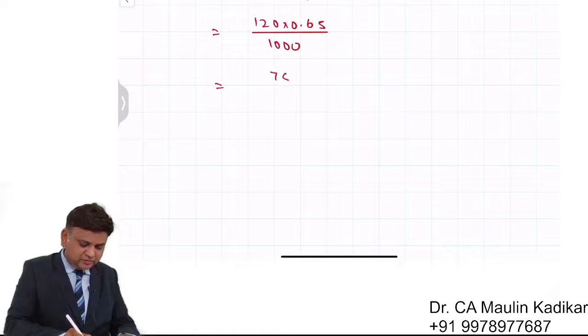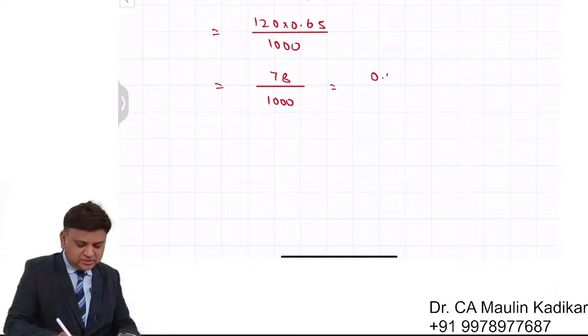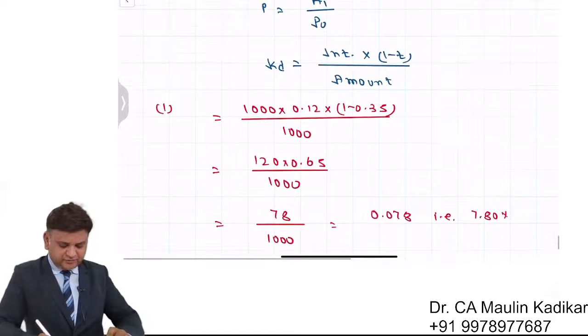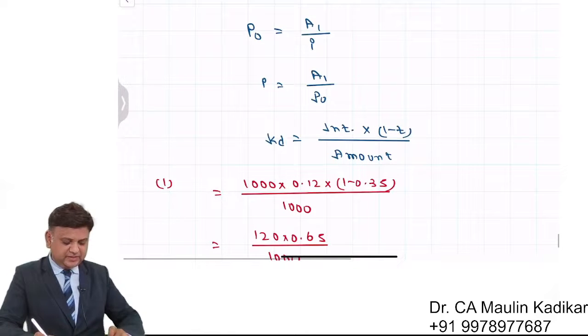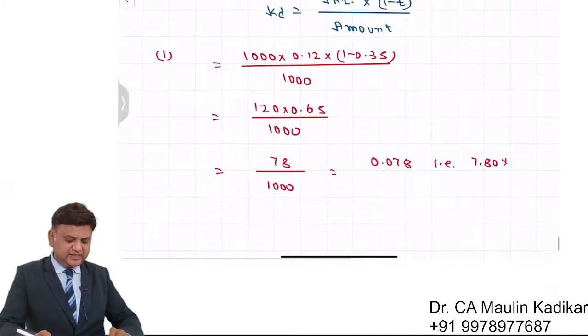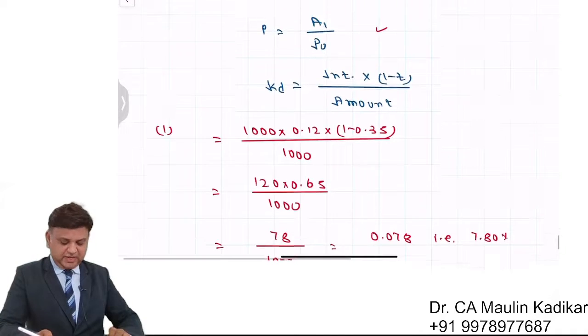So that is a cost of rupees 78 for using an amount of 1000. So the cost is 0.078, that is 7.8%. I request all of you to write an answer for the first question for cost of debt financing. You may write this too, or you may write directly answer from KD as you wish.